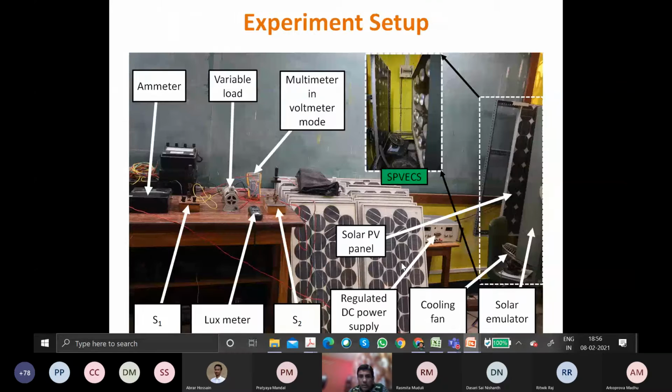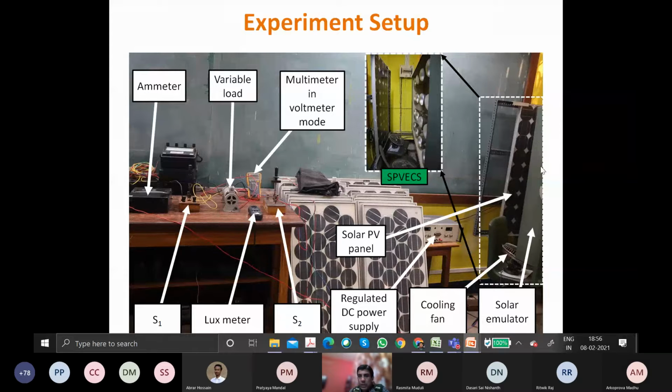Okay, let me try the video this time. So these are the actual photos of the setup. If you start from the left hand side: ammeter, variable load, multimeter for voltmeter, switch S1, lux meter, switch S2, power supply, cooling fan, solar emulator, basically the lamp system arrangement, and the panel.